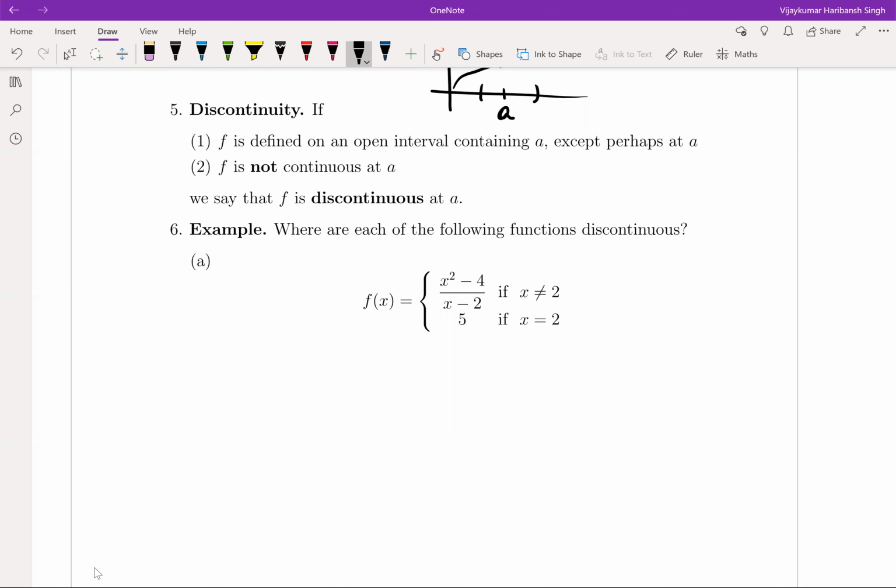In this case, something is happening at 2. So let's investigate first at A equals 2. What is this problem asking us? Where is this function discontinuous? So consider case 1, A equals 2.